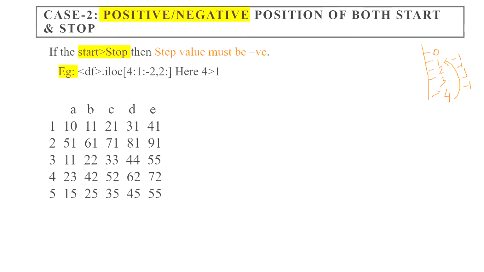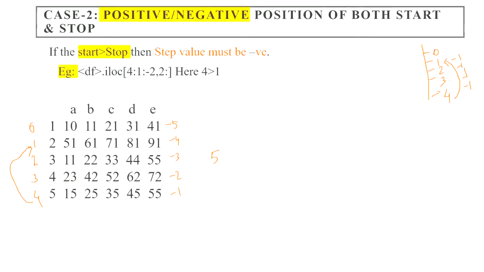In this case, which one is 4? Now see, this is 0, 1, 2, 3, 4. And negative is minus 5, minus 4, minus 3, minus 2, minus 1. Now 4 to 1. Where is 4? Here. From here we need to go here, right? -2. So at 4 what do we have?